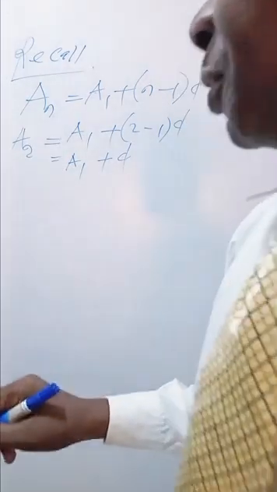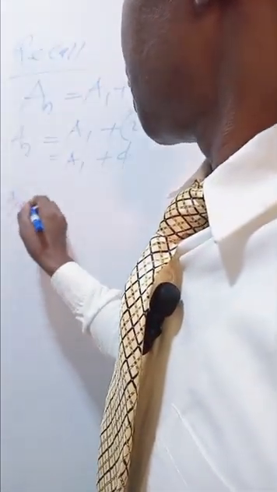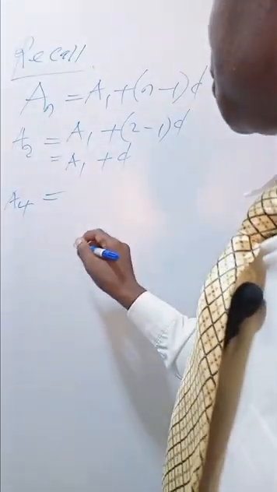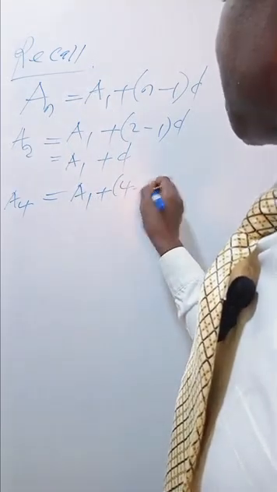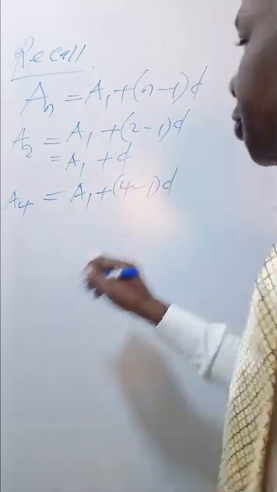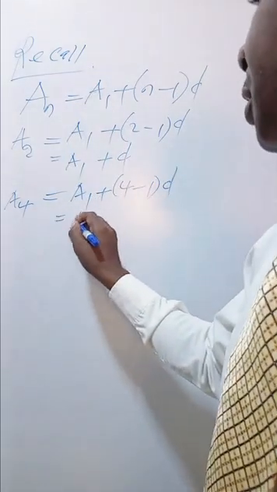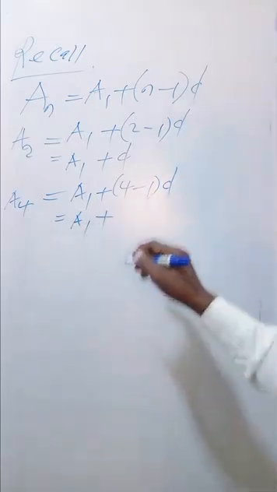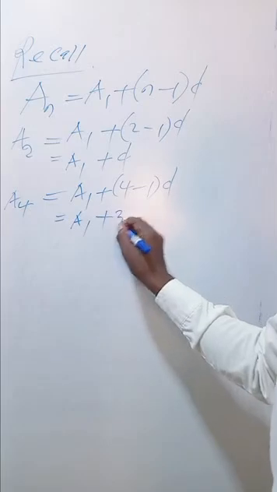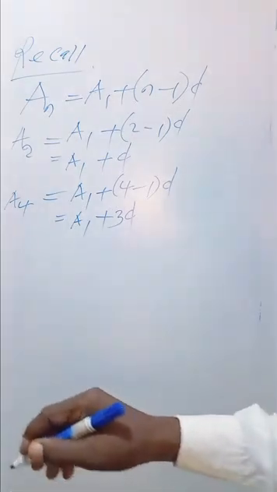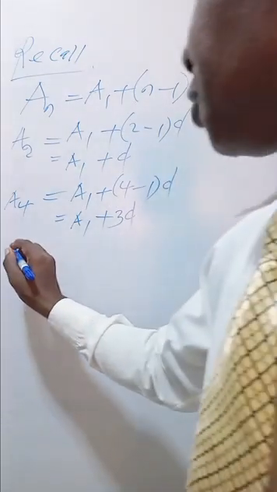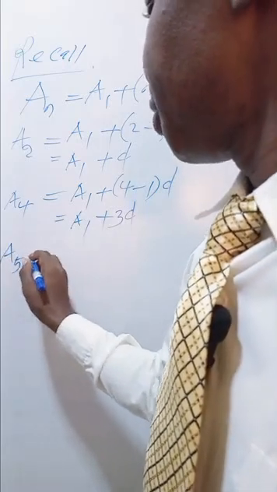So what about the A4? A4 will be equal to A1, according to this formula, plus 4 minus 1 times D, which gives us A1 plus 3D. What else do we have in the given information? There is also A5.